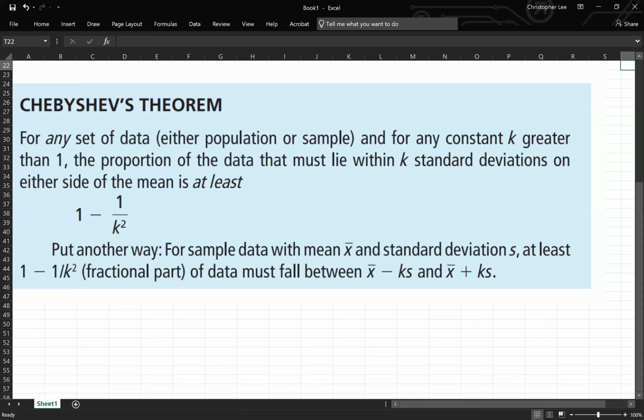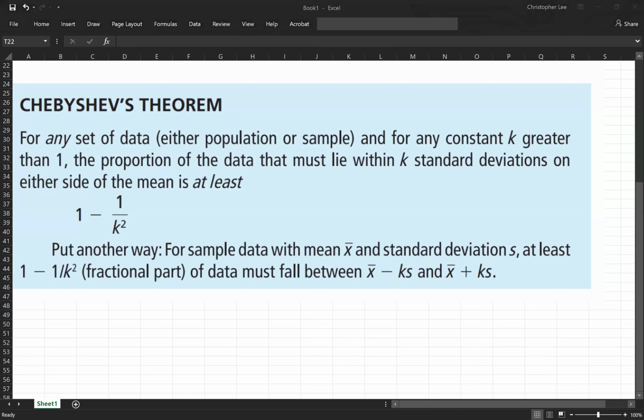Is it always k? k is like a general thing. k works for any number. But let's just make it a little bit simpler. Sample mean, yeah. k is a count of how many standard deviations away you are.